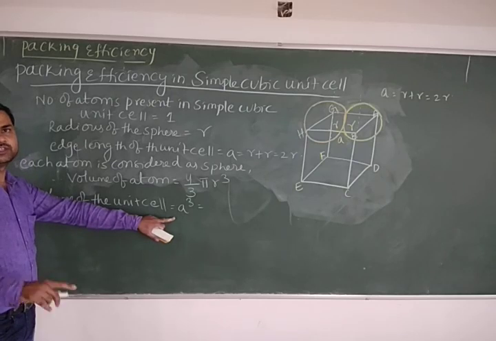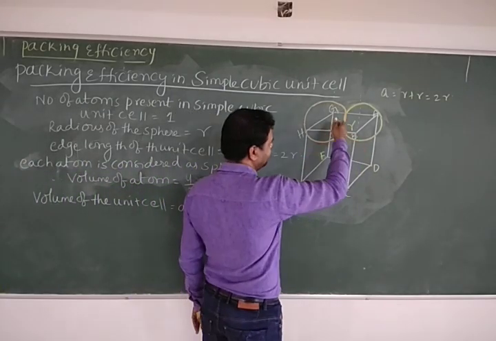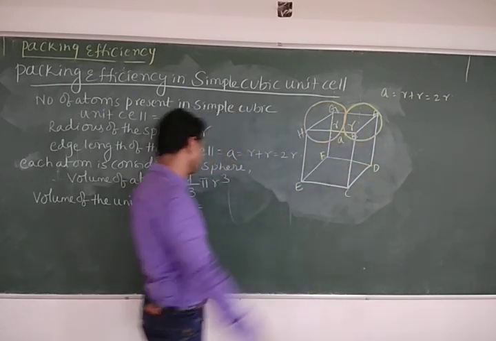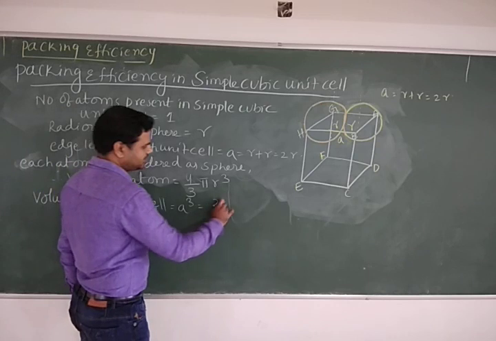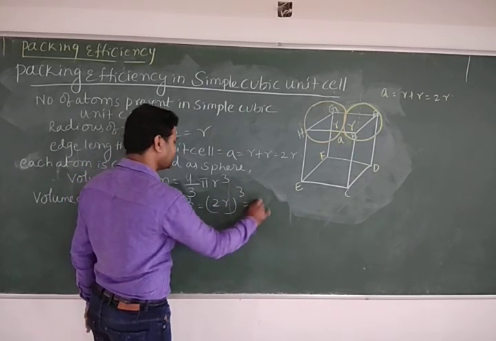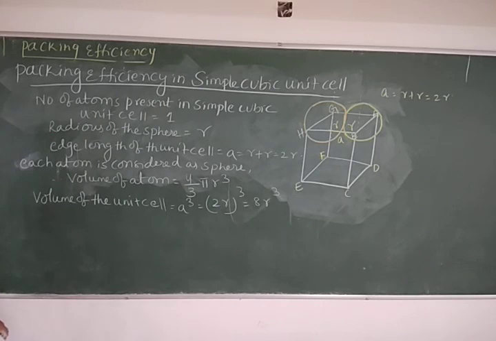Volume, you know, is length into height into breadth. So we have to take breadth, length and also height. 3 we have to consider, therefore it becomes a cubed. But what is the a value? That is 2r. (2r) cubed becomes what? 8r cubed. Is it clear?